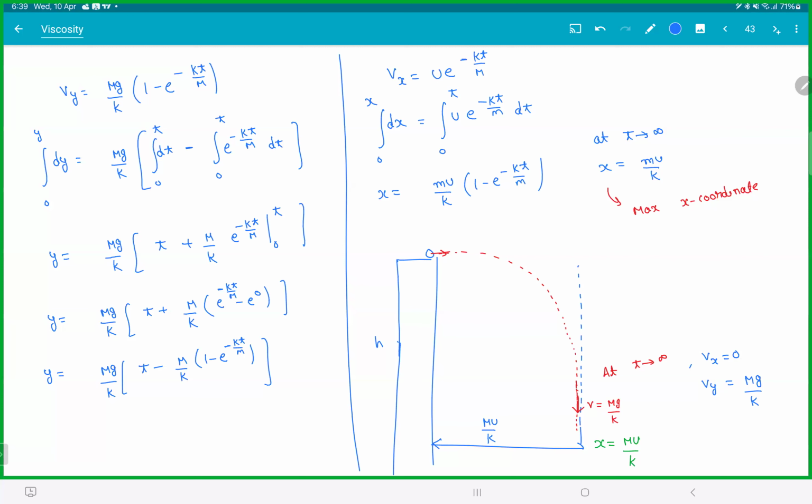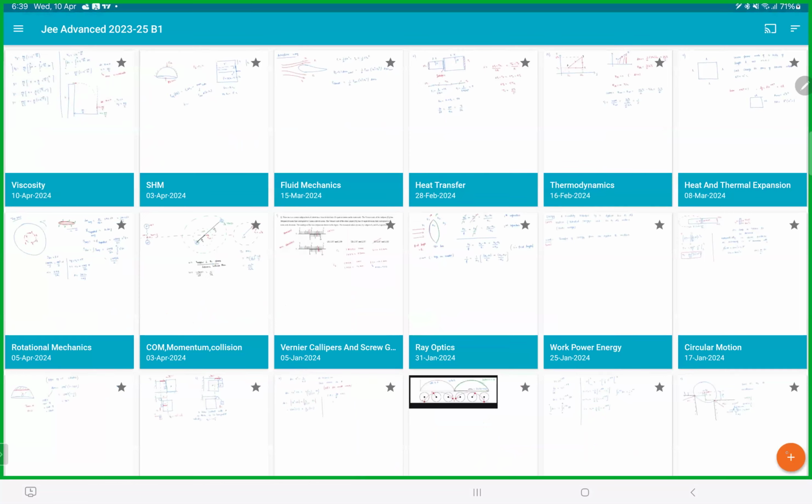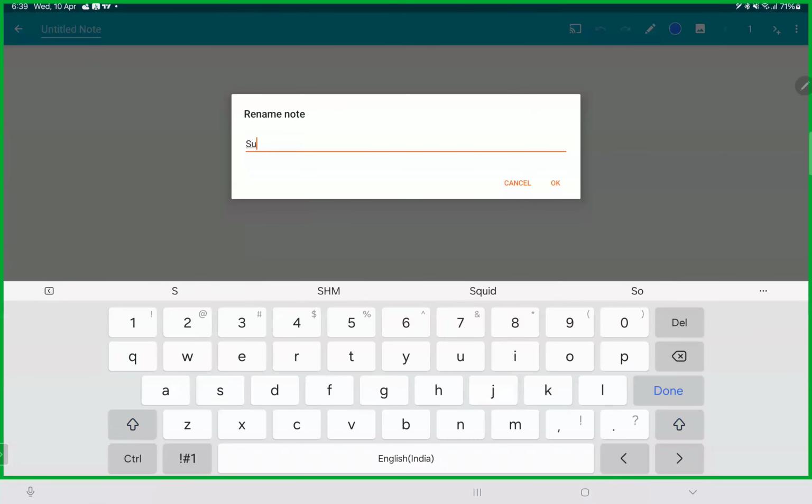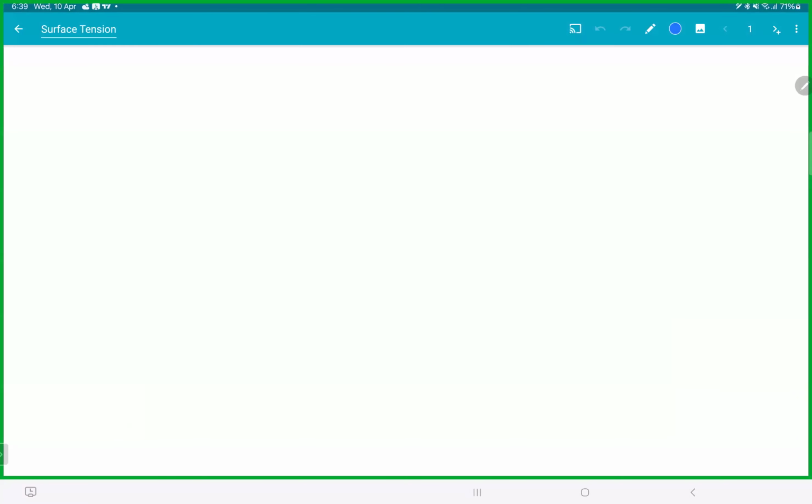Surface tension is another, it's a little weird one, meaning it's not tough. The problem I saw is that people have difficulty visualizing. That is the main thing, or else the chapter is quite easy. Don't worry, I will try my best to explain in detail what it is.